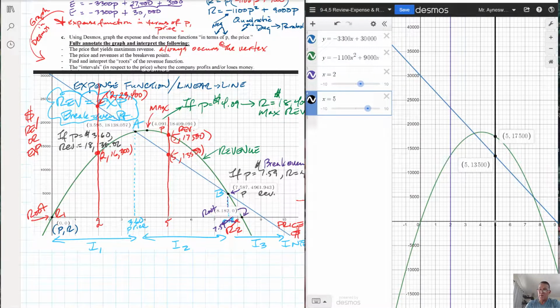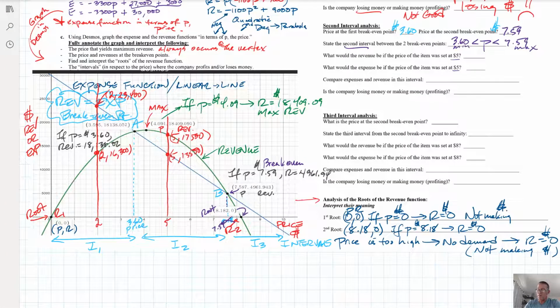Okay, so let's go back to our lesson here. What would the revenue be if the price is at $5? Well, as I just said, it's 17,500, and the expense is 13,500.